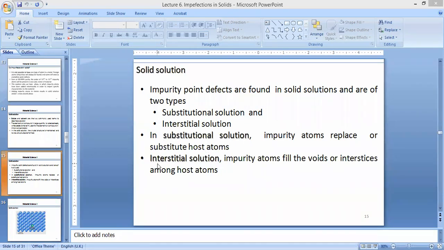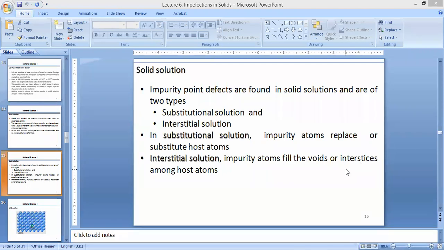In interstitial solution, impurity atoms fill the voids or interstices, as they are called, among host atoms. So what happens is that these impurity atoms will come and fill those voids.